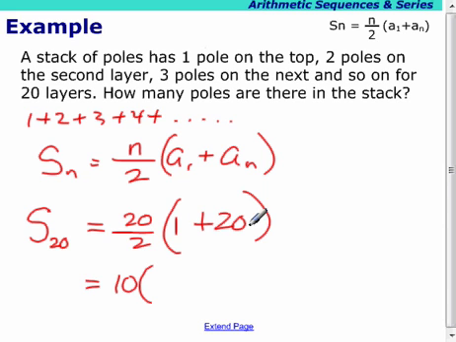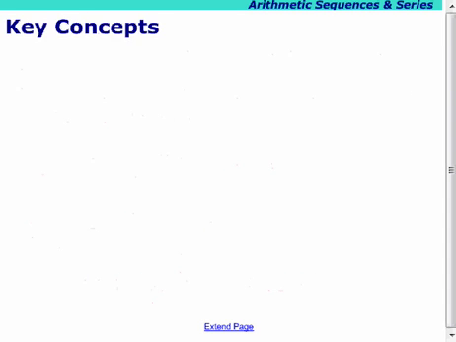So 20 over 2 would be 10. 1 plus 20 is 21. 10 times 21. There'd be 210 poles in that stack of poles. So there's an example of using the arithmetic sum formula to determine how many poles would be in a stack.